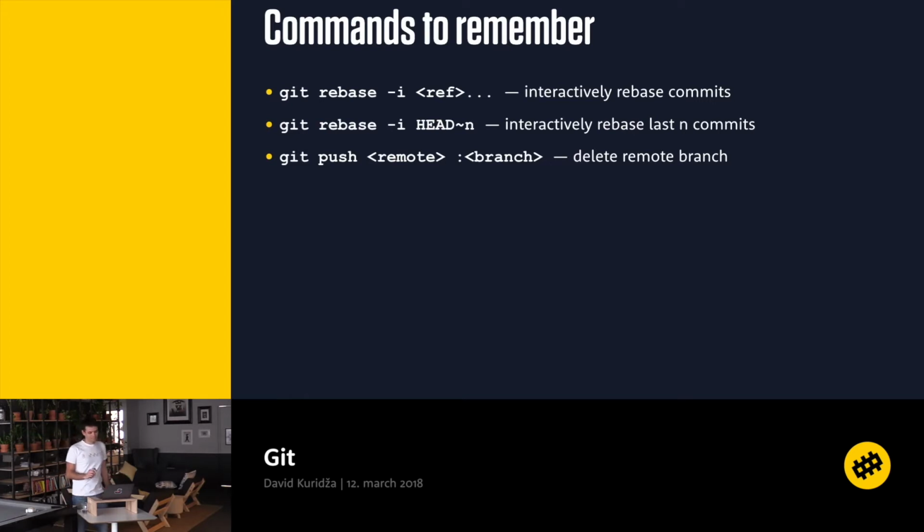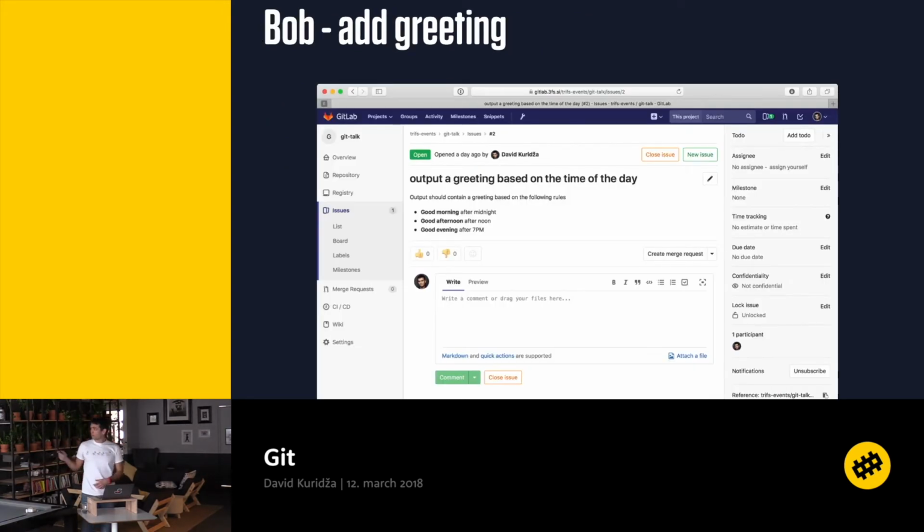Cool. Okay, so now remember that there's one commit that Alice needs to bring back into the repository. The thing is just that she gets this really urgent call and she needs to run to a meeting, so she's going to do that a bit later. But now Bob actually started working on his task.